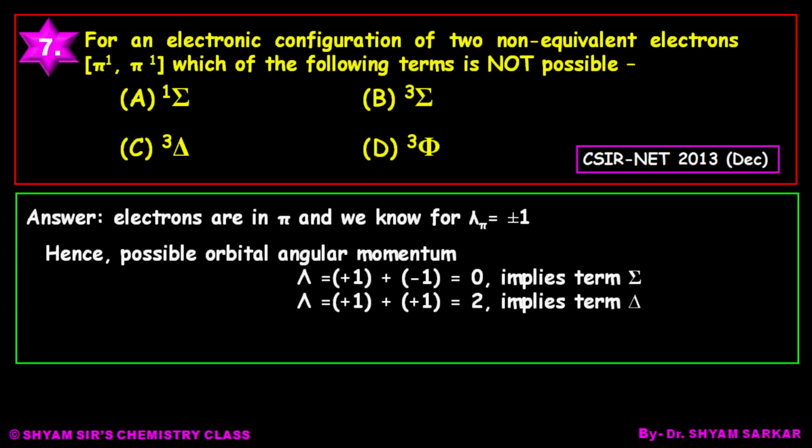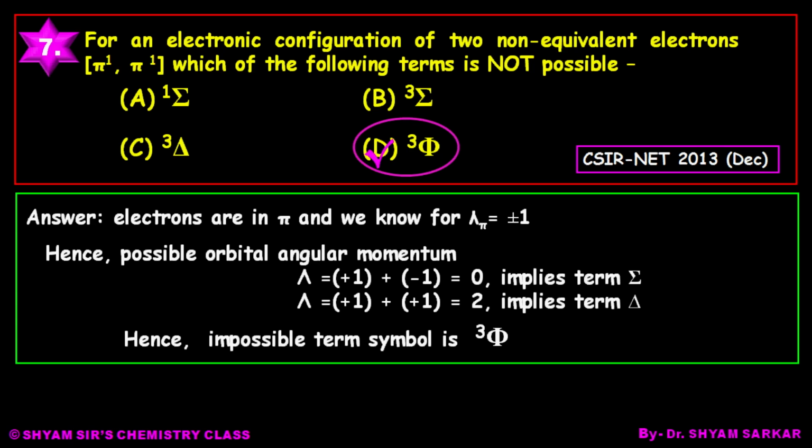Looking at these 4 options, options A, C and B are with sigma and delta, and option D is with phi, so you can easily say that 3 phi will not be possible for this type of configuration. So 3 phi is an impossible term symbol here, and D is the correct answer.